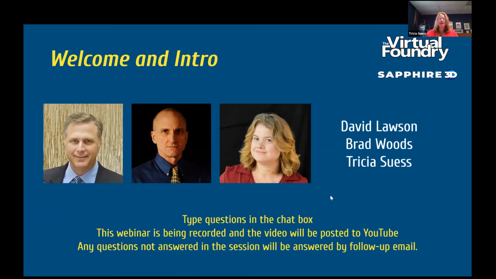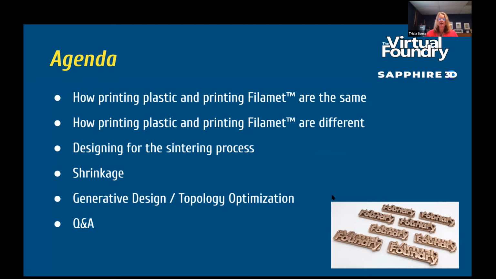Now we're going to go ahead and get started. Today we're talking about design for additive manufacturing with Filamet. We're going to be covering how filament and plastic printing processes are the same, how they are different, designing for the sintering process, accommodating for shrinkage, and then we're going to have a discussion about generative design or topology optimization.